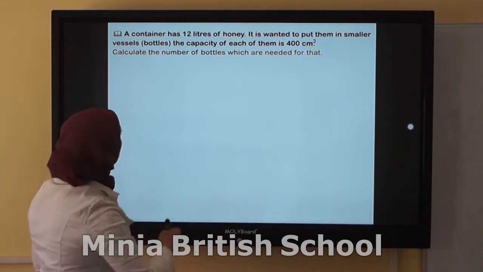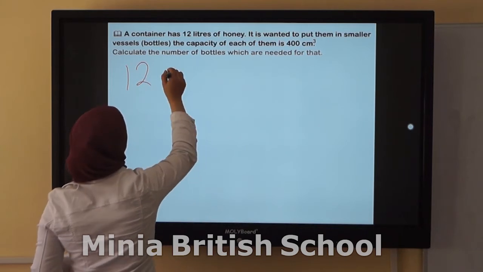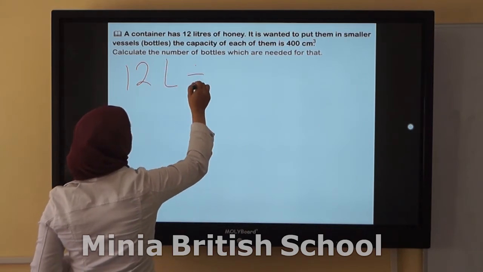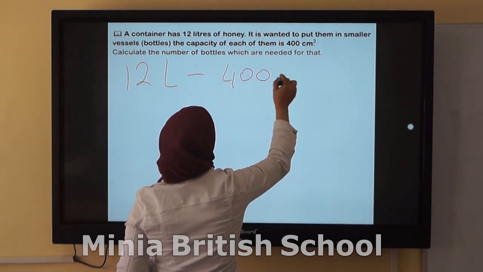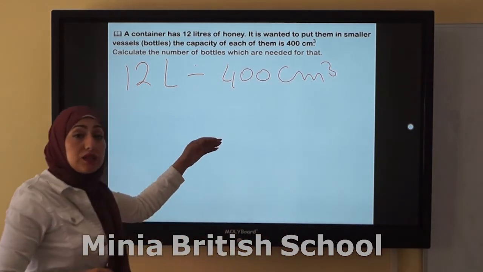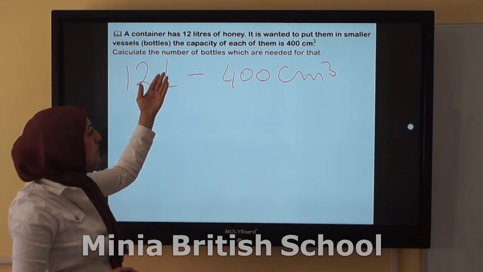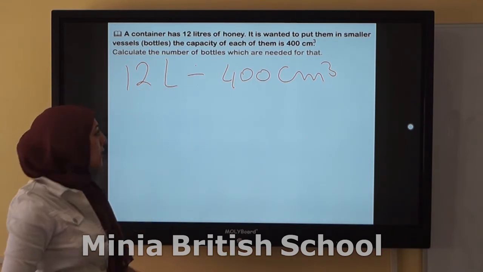So 12 liters divided by 400 cubic centimeter to get the number of the bottles or vessels that I need, okay?